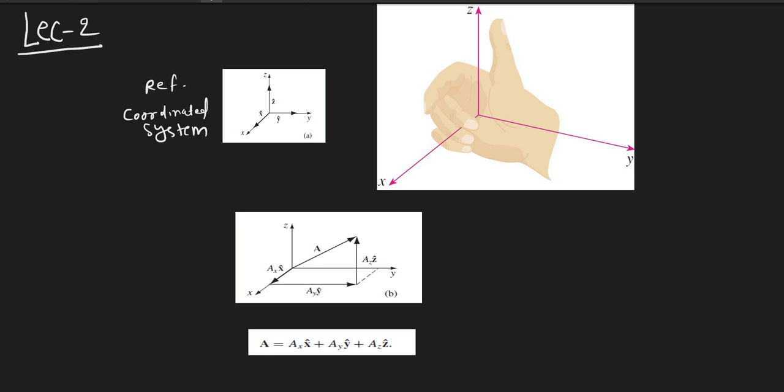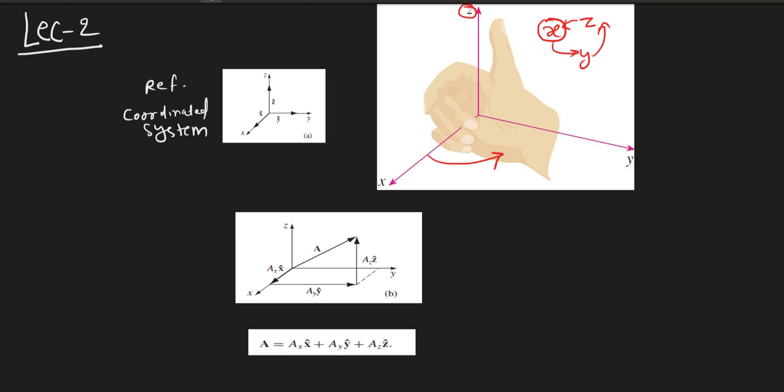So in order to get the positive z direction, we started with the x and we curl around our fingers towards the positive y direction. So there is a manner: x-axis, y-axis and then z-axis. So this is the cyclic manner in which we have to go. So let's say we want to find the direction of positive x-axis.